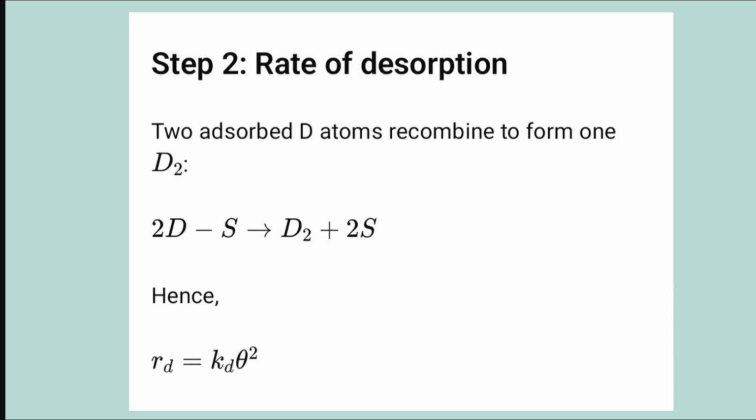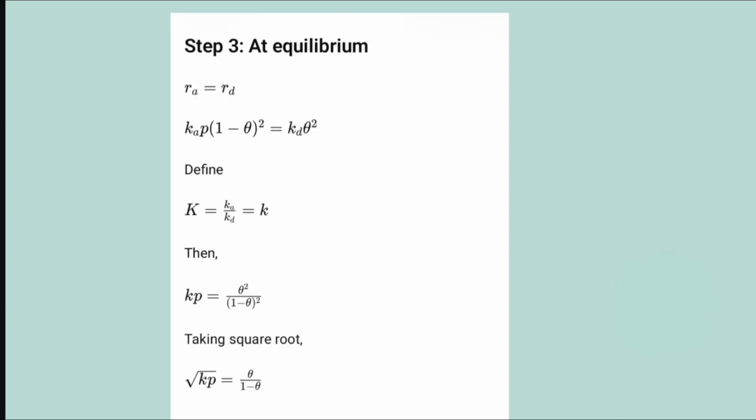In step 2, we have to check the rate of desorption. 2 adsorbed D atoms combine to form 1 D2. 2D-S gives rise to D2 plus 2S. Hence, Rd is equal to Kd into theta square. In step 3, at equilibrium, Ra is equal to Rd, that is Ka into P into (1 minus theta) square is equal to Kd into theta square.